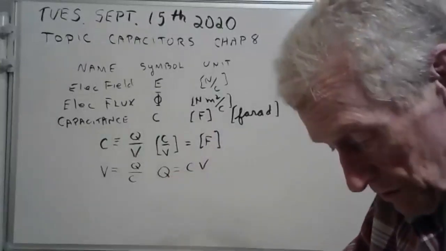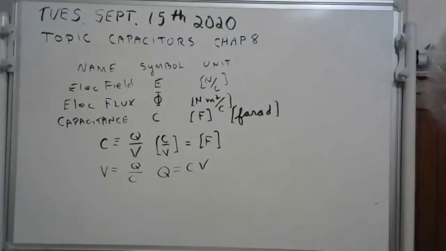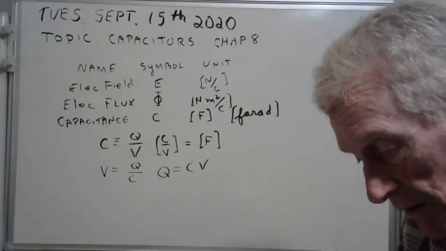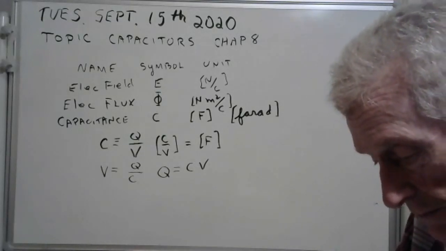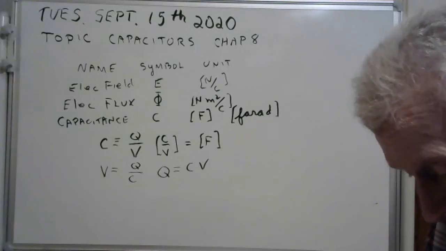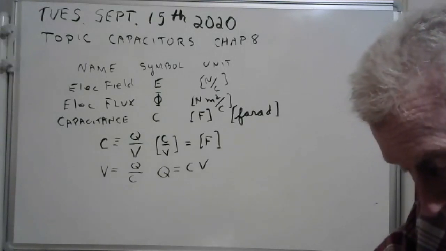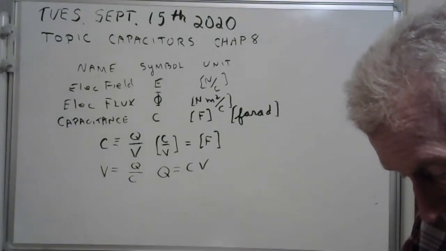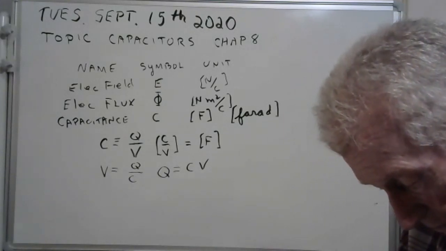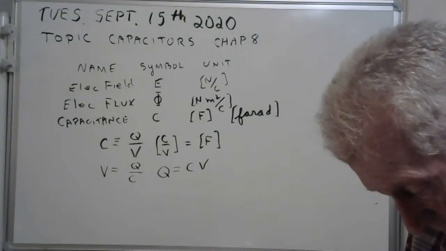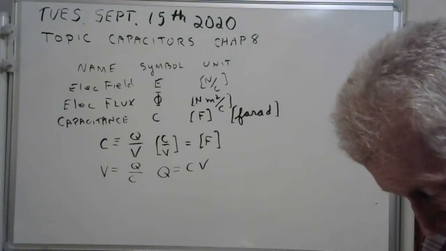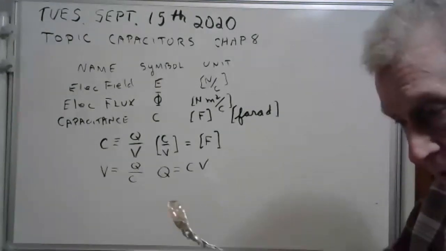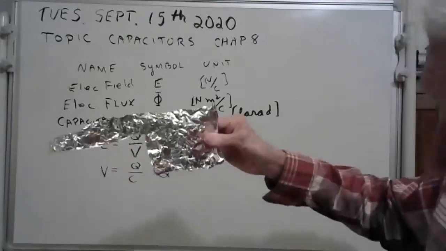I didn't bring my scissors, but I've got a knife here, and I'll cut out a couple of pieces. I don't want one this big. Okay, I'm going to cut out a couple of pieces of tinfoil now. There, I cut out one piece.